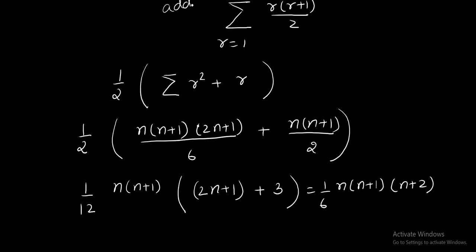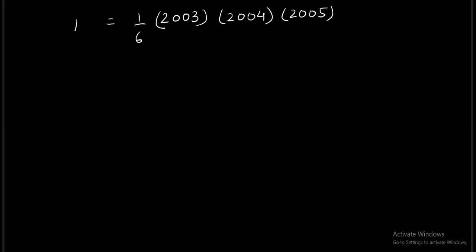So on keeping n equals 2003, we will be getting 1 by 6 times 2003 multiplied by 2004 multiplied by 2005. So this is the value of capital N, the number of solutions for the given equation.